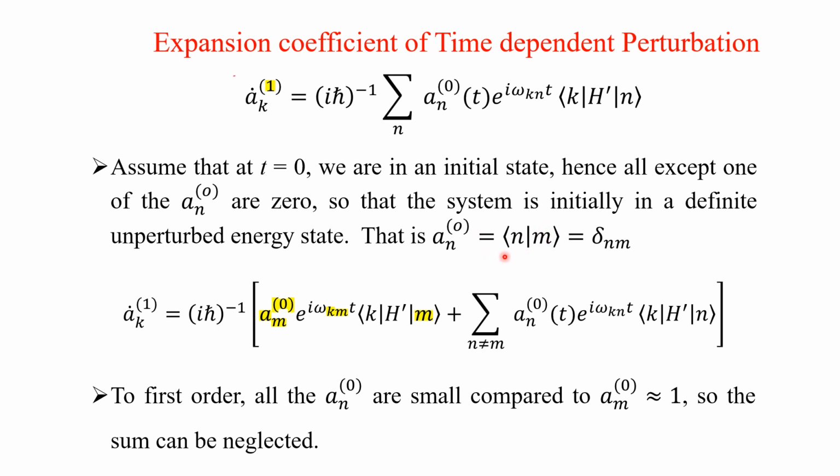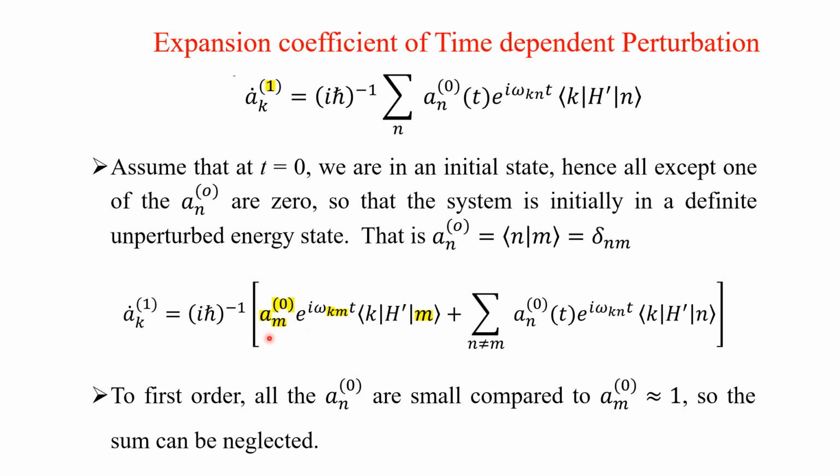So now you take the n value as m; then it is 1, and all other terms will be 0. So take the first term as m. This will be am 0, and omega kn will become omega km, and also this ket n will become ket m, because we are assuming that at the initial condition n is equal to m, so am is also equal to 1.